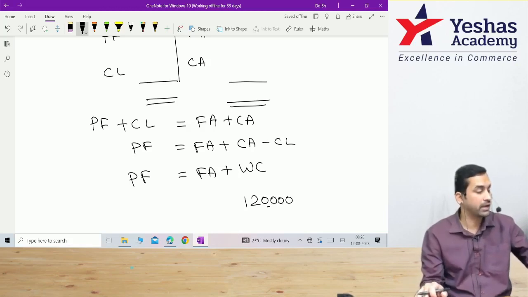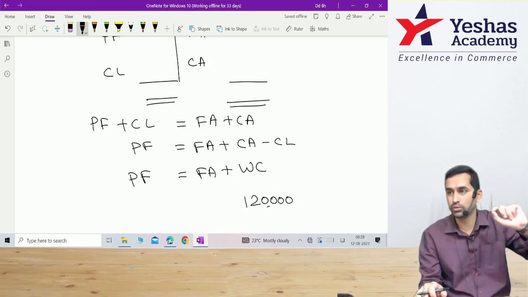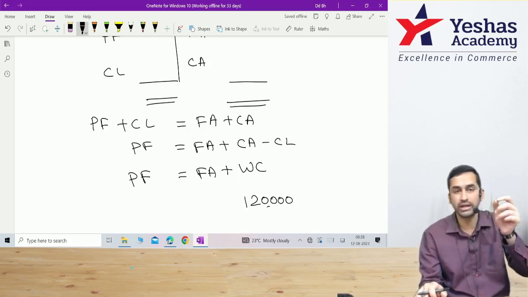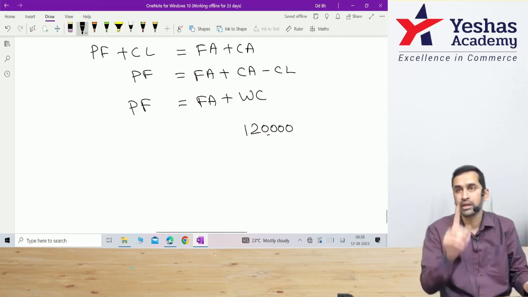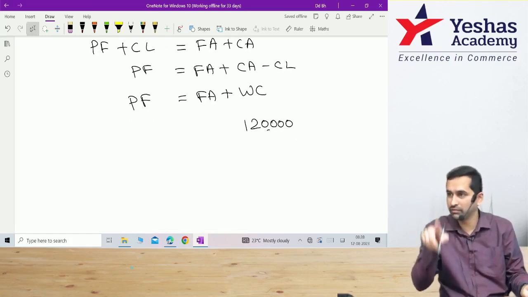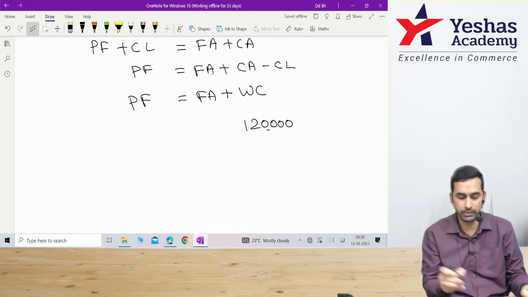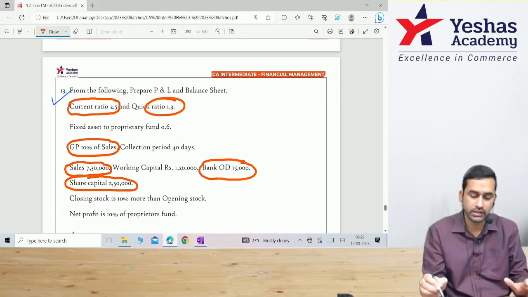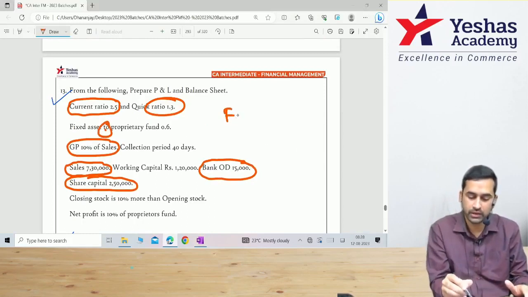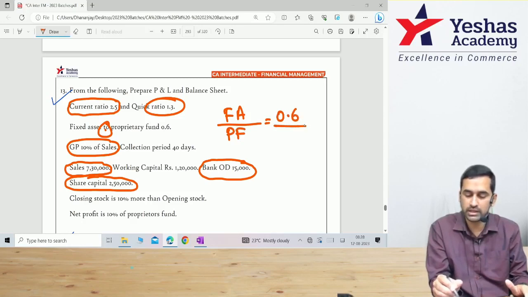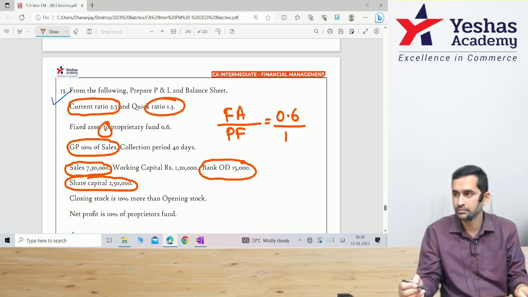Then you come back: fixed asset to proprietary fund is 0.6. That means it is 0.6 divided by 1. I repeat, read this once again. Fixed asset to proprietary fund, that means FA by PF is equal to 0.6 by 1, correct?